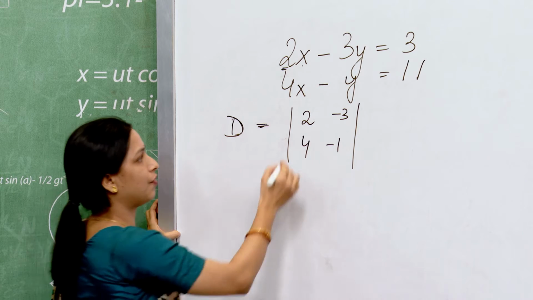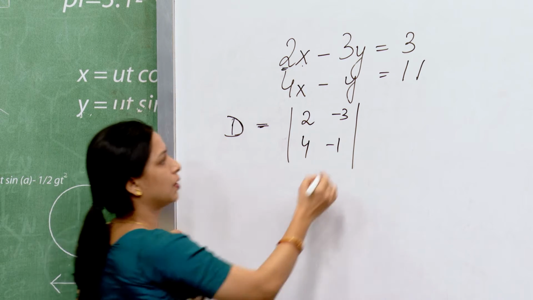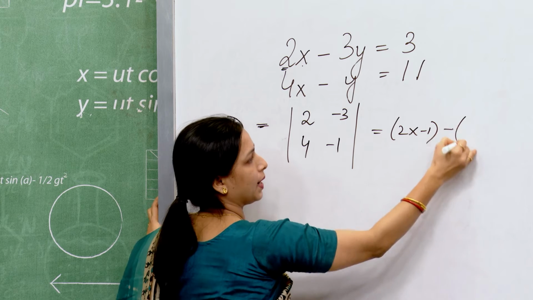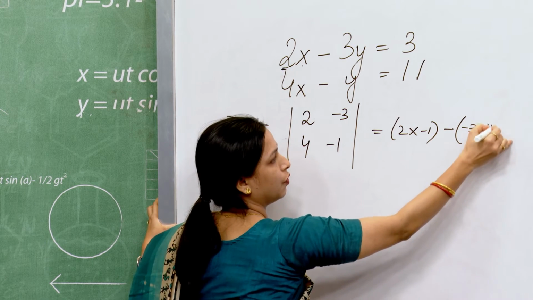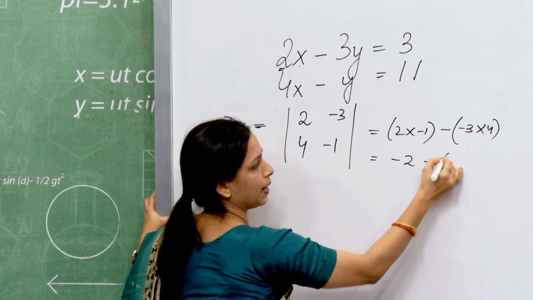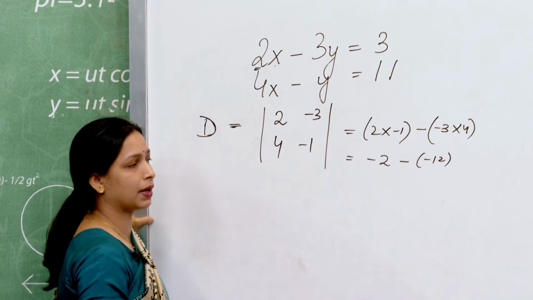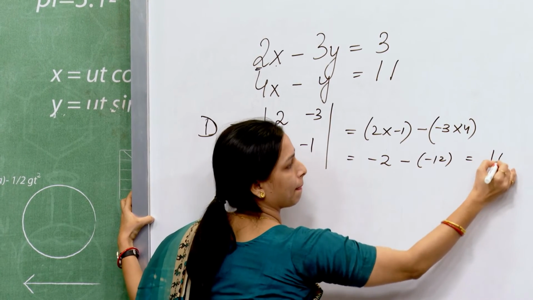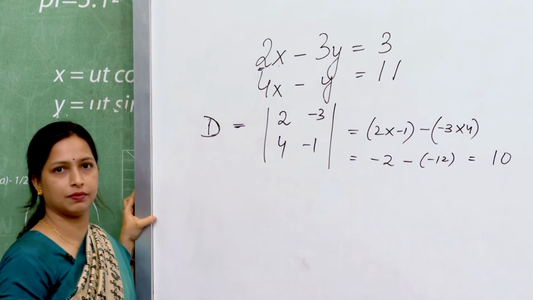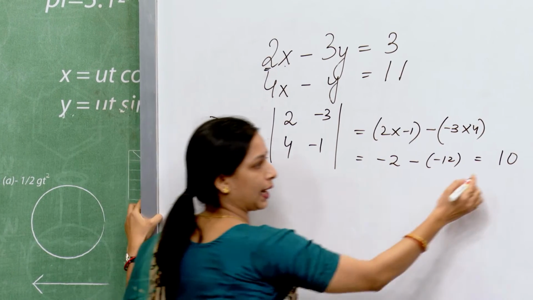Now we find the value of this determinant: 2 into -1 minus -3 into 4. So, -2 minus -12, which becomes -2 plus 12, that is 10.